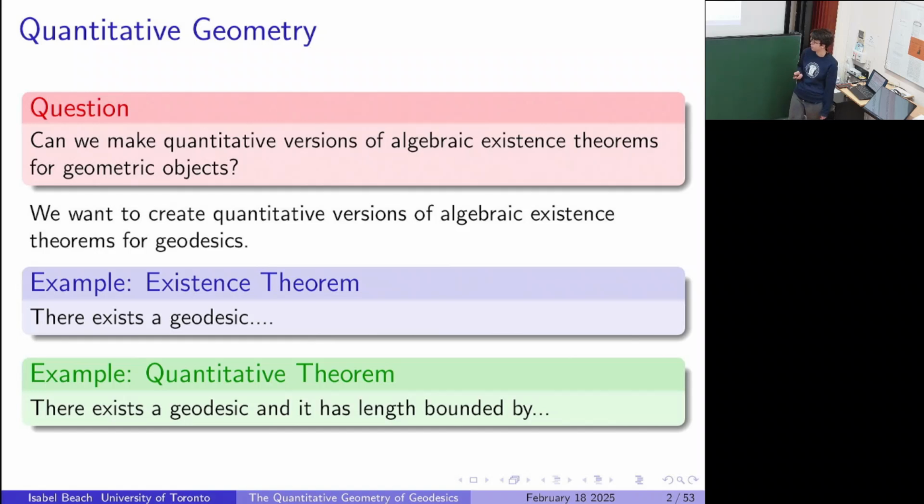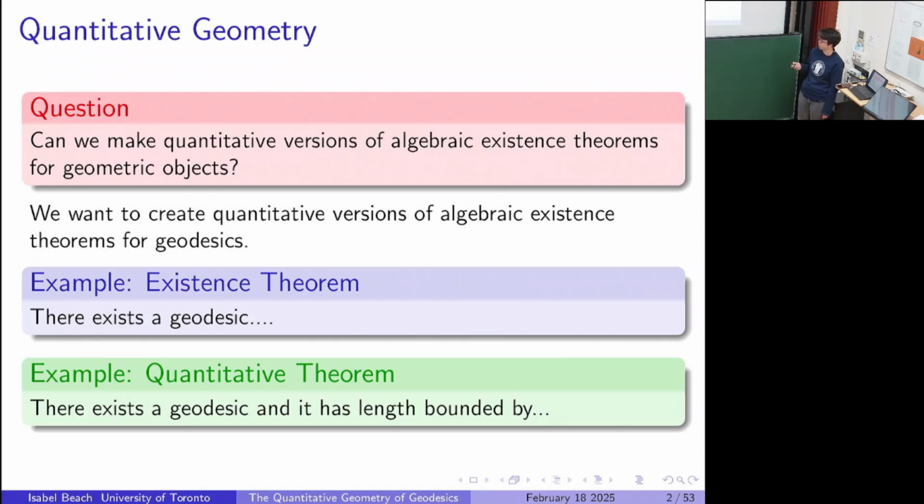So we're going to have several examples of some existence theorem: there exists a geodesic with some properties, and then we're going to find a quantitative version, which is: there exists a geodesic with some properties, and it has length bounded in terms of the geometric properties of the underlying structure.